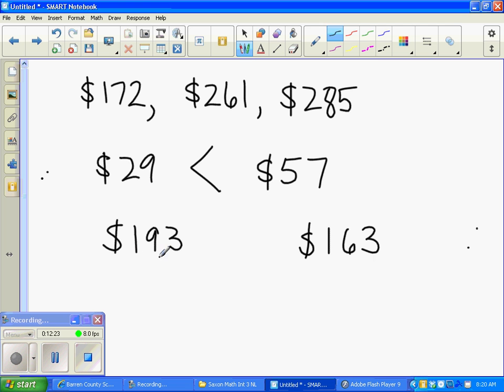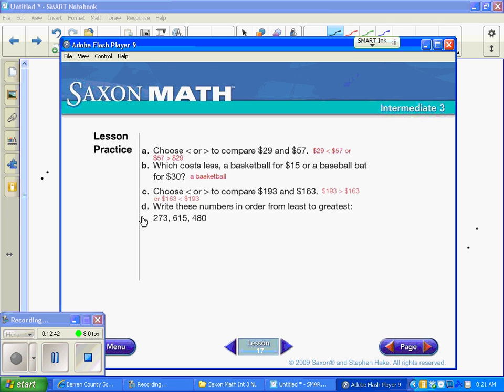If I read it from left to right, I say $193 is greater than. You got it. Everybody together, get ready. $193 is greater than $163. Very good.